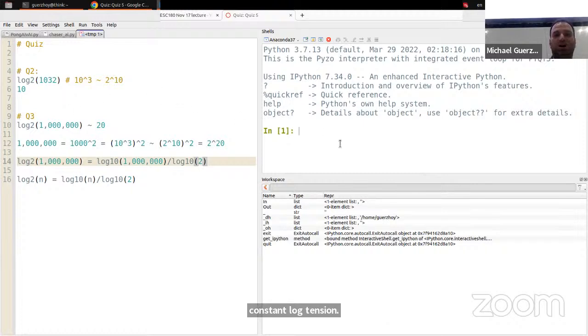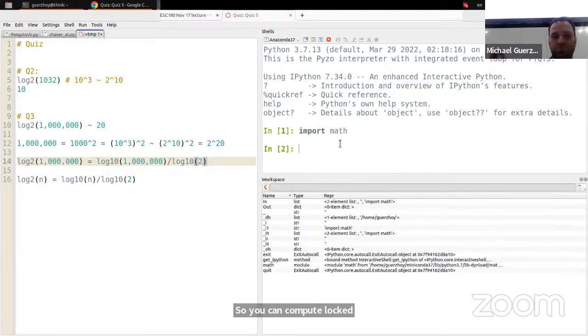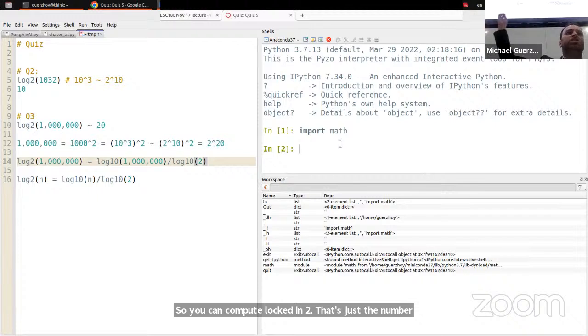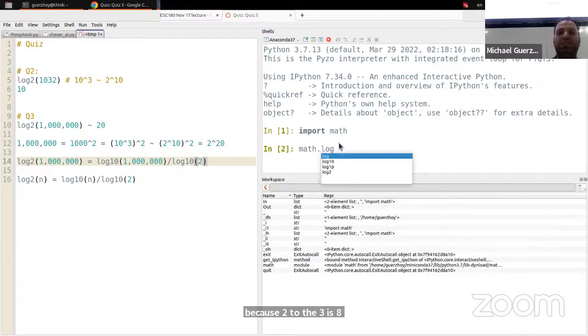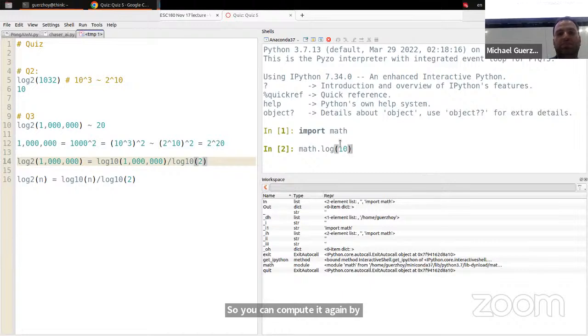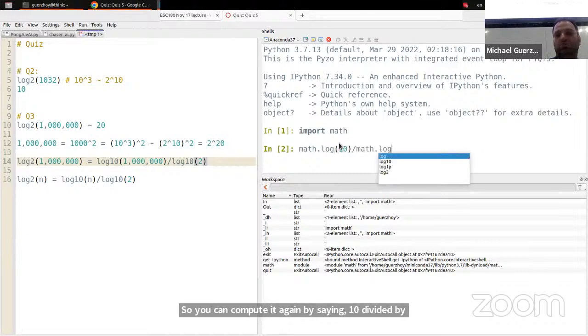So you can compute log 10 2, that's just a number, that's to what power should you raise 2 so that you get 10. So it's a little bit more than 3 because 2 to the 3 is 8. So you can compute it again by saying math log 10 divided by math log 2.